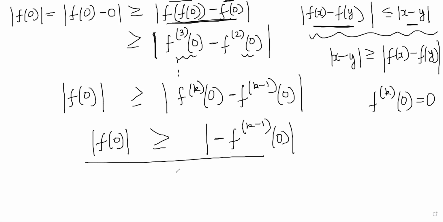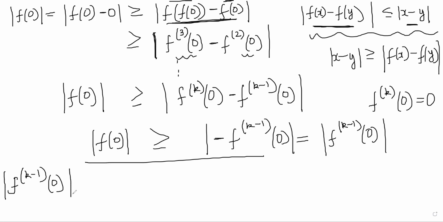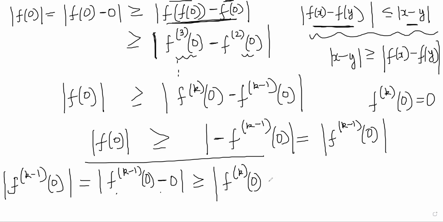But we can also say that mod of f^(k-1)(0) can be written as mod of f^(k-1)(0) minus 0, because minus 1 can be taken out of the mod, right? This will be greater than or equal to, taking f on both sides, f^k(0) minus f(0), right?